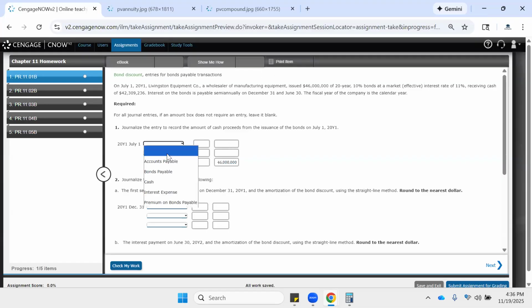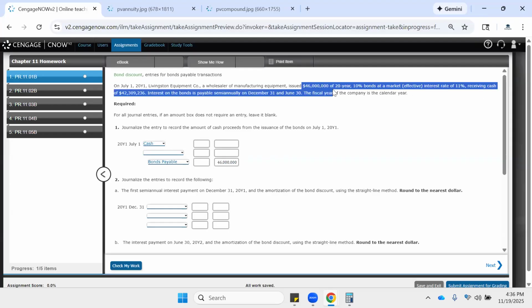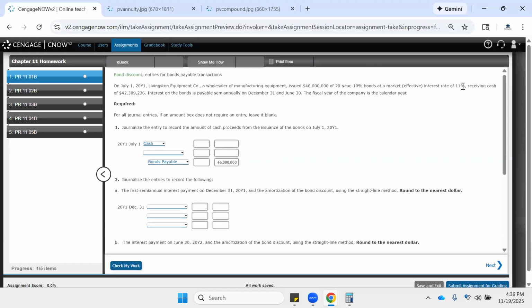And the cash that the company received is less than the par value of the bond because the interest rate that the market judged that this bond should receive is more than the coupon rate that the bond is paying.